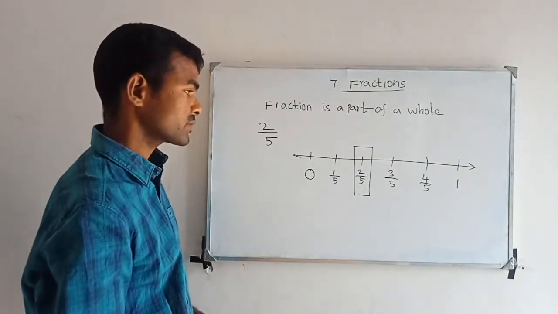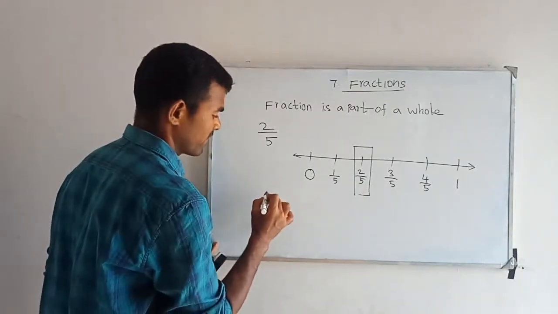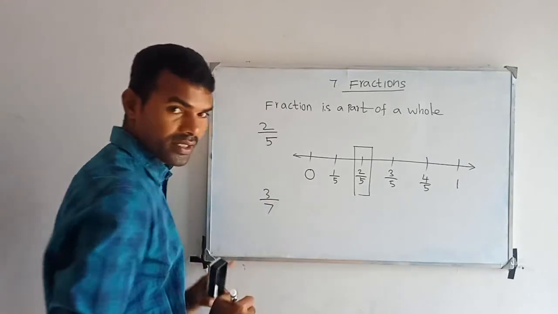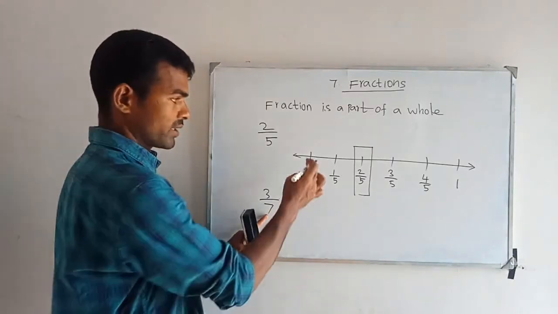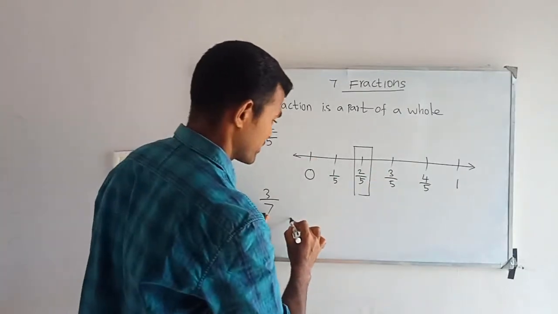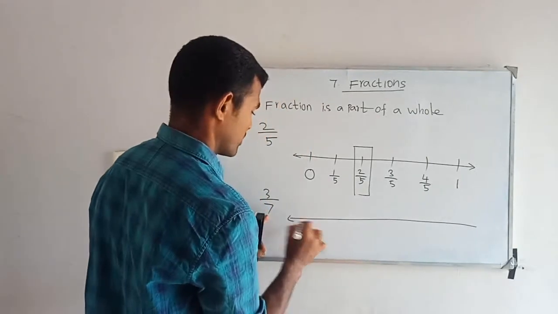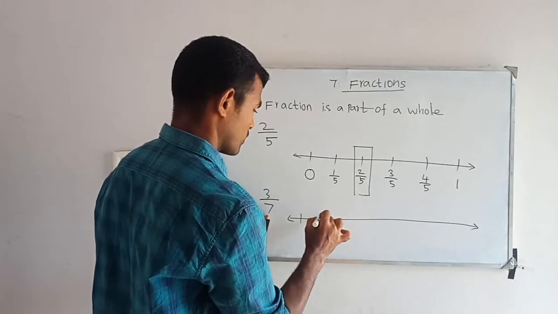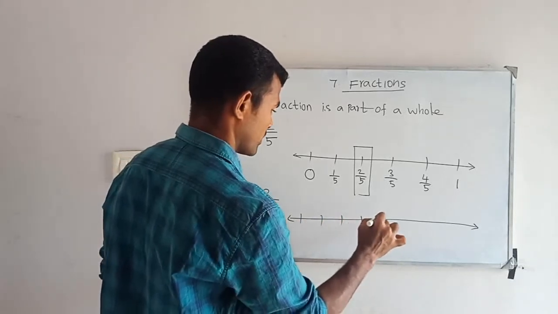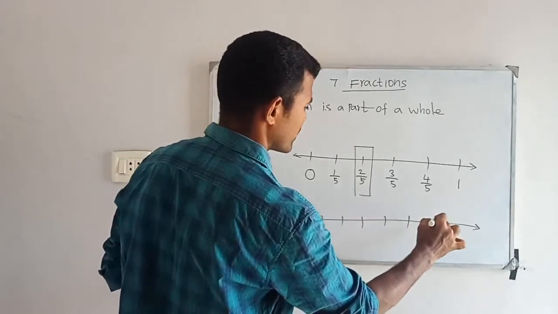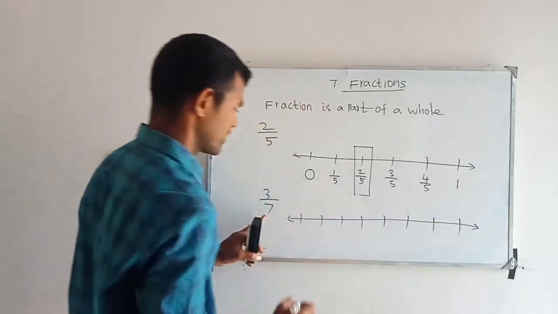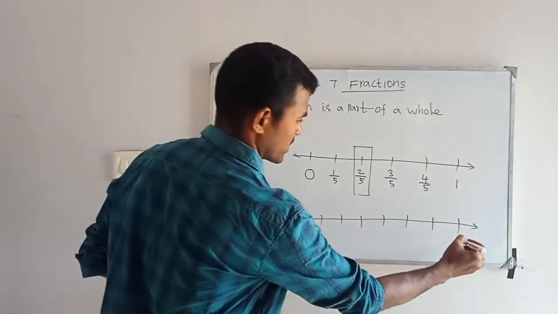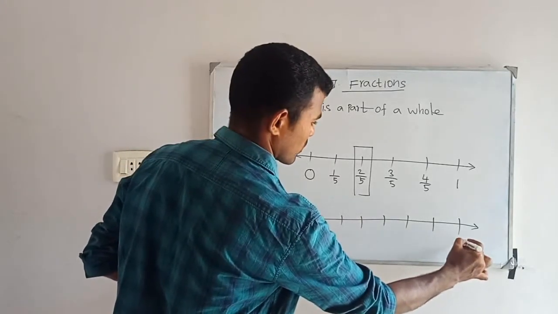Like this. Suppose if they give 3 by 7. So how many parts you have to separate? You have to make 7 parts. This is the number line and 1, 2, 3, 4, 5, 6, 7. First part is 0 and last part is 1.